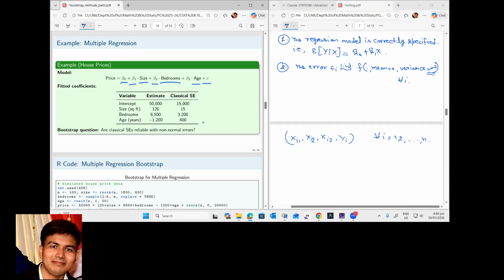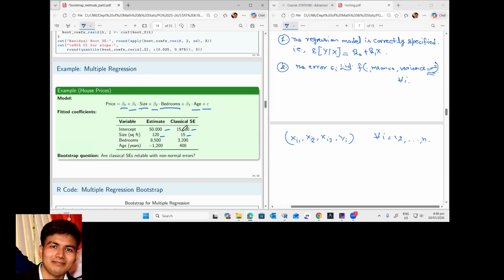In that we got the intercept as 50,000 with classical standard error 1500, size of the house in square feet is 120 with standard error 15, bedrooms estimate for beta 2 is 8500 with classical standard error 3200, and the age estimate of beta 3 hat is minus 1200 with standard error 400.